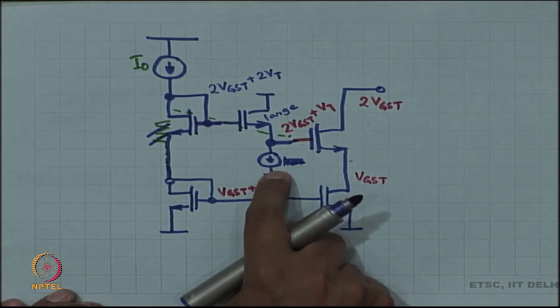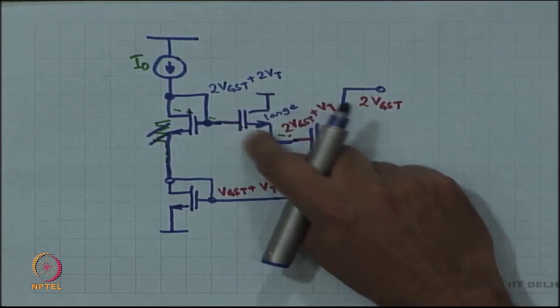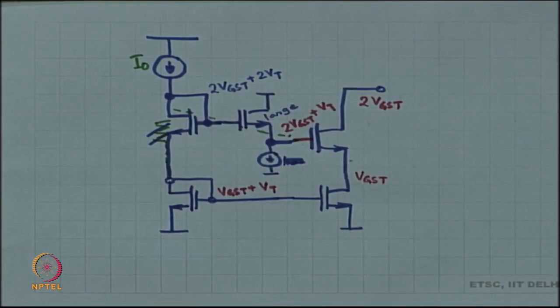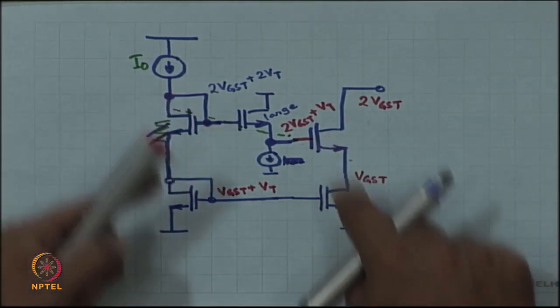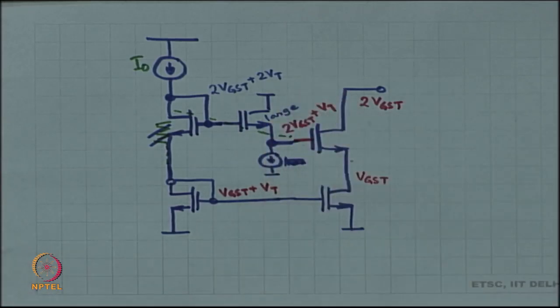All that I now have to do is pull a current through this very large MOSFET. So, you may take a very large MOSFET, W by L is very large as opposed to these 4 having equal W by L. Over here you pick W by L to be very, very large. Okay. When W by L is very large, that K factor is very large, right.